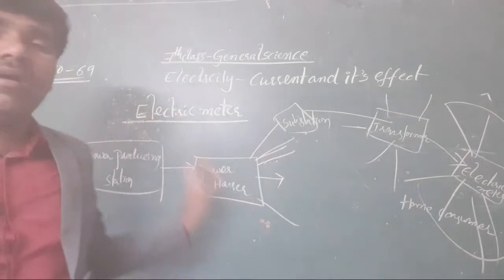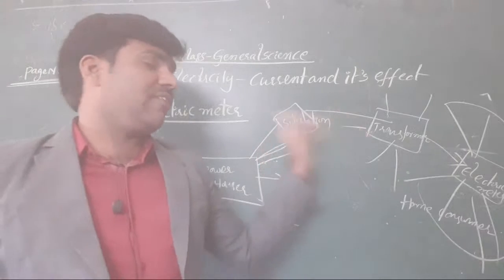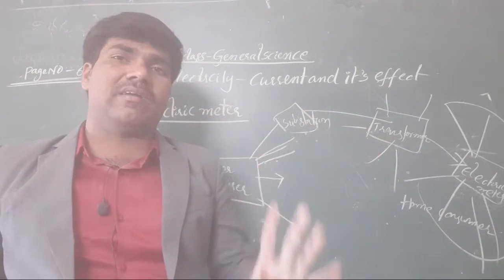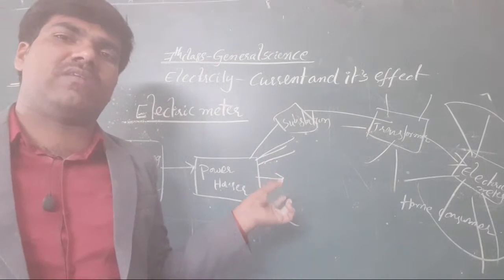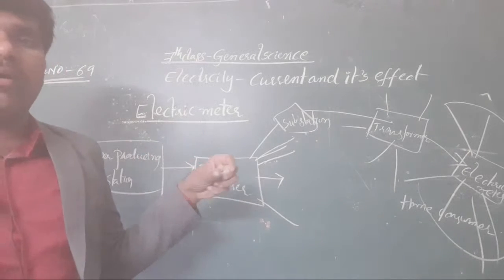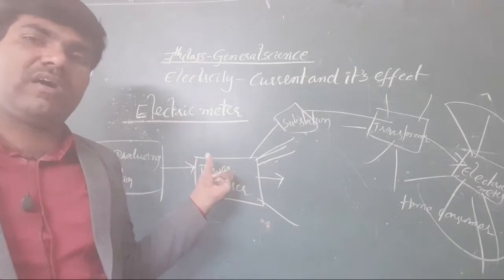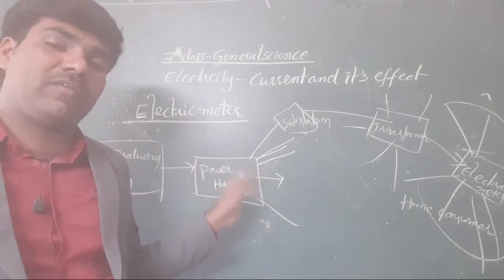This much traveling is going on in the power, and everywhere where the wires are, that is called current. Where some devices are there, like a transformer, electric motors, or a powerhouse, substations, that are all called power sources only.